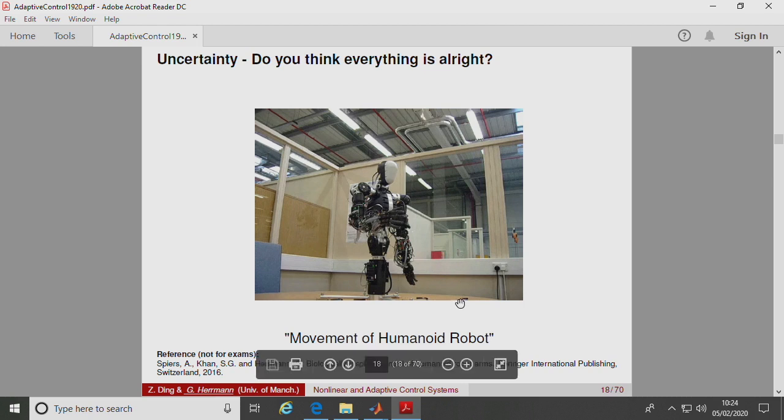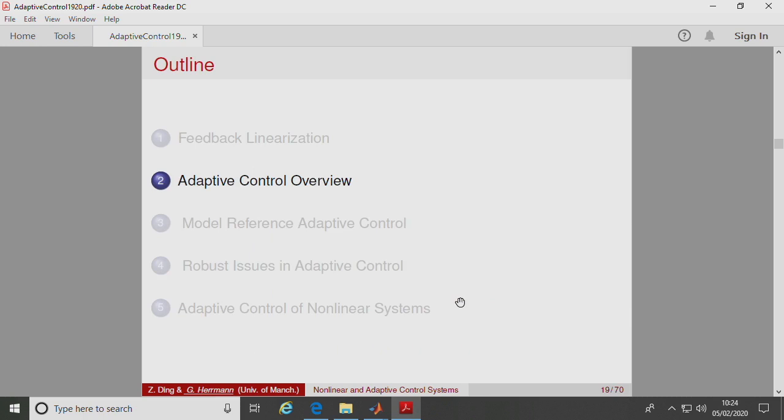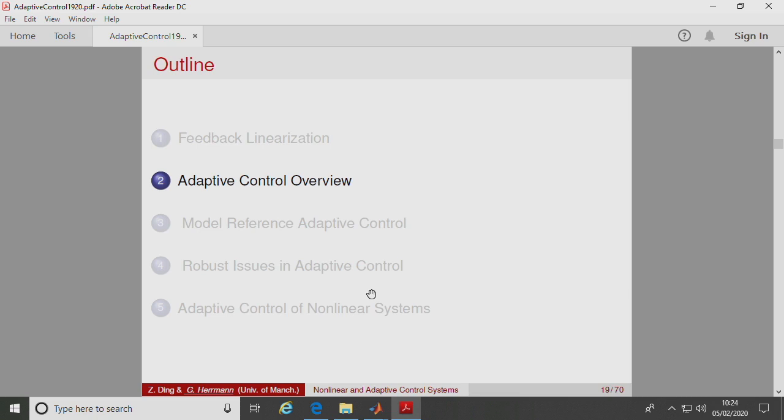While other people have done other things. They have tried to identify the systems very well, and we have also used methods called sliding mode control, for instance, which we are not teaching here right now. So this is possibly the motivation why it is sensible to do adaptive control.